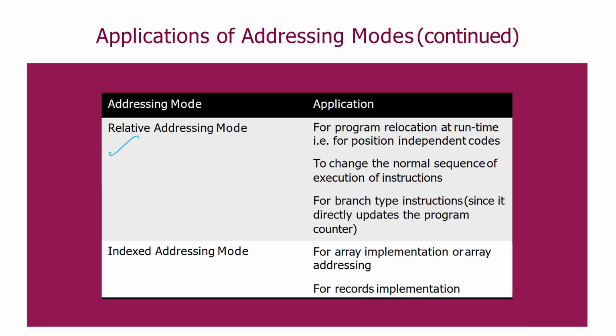Relative addressing mode, for program relocation, to change the normal sequence of the execution, and for the branch type instructions. Indexed addressing mode, for the array implementation or array addressing, and for the records implementation.